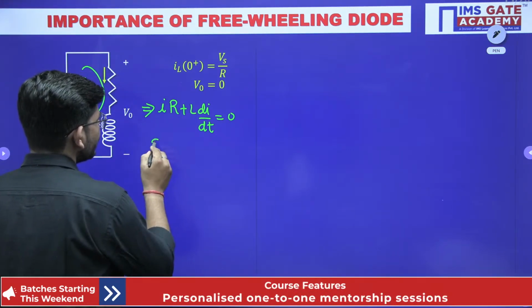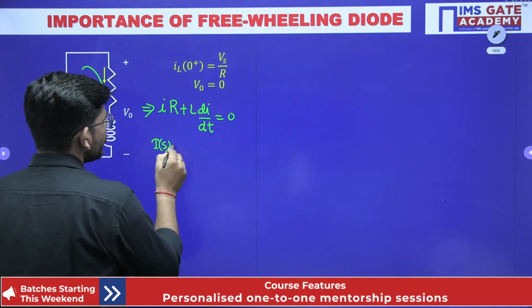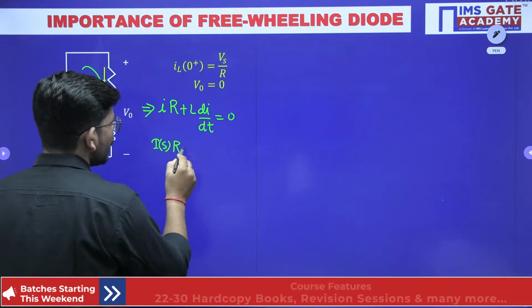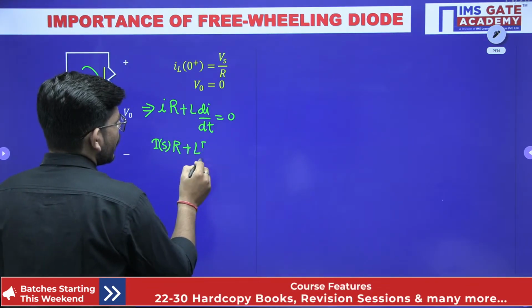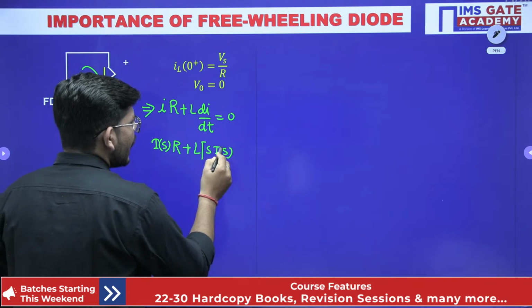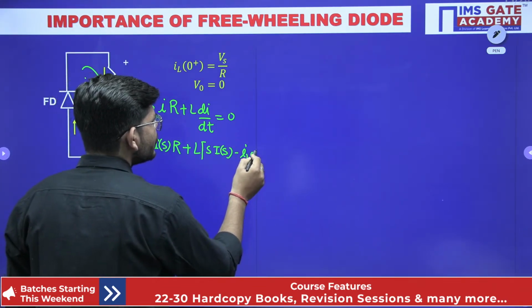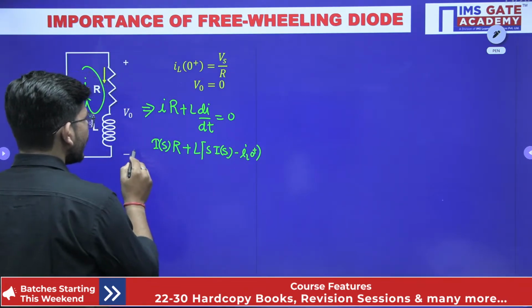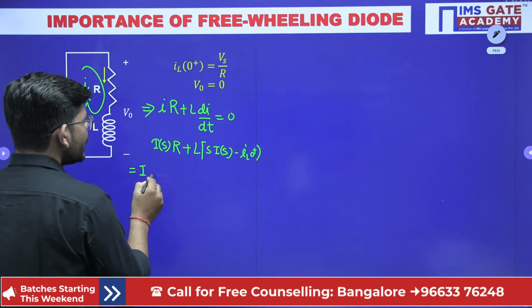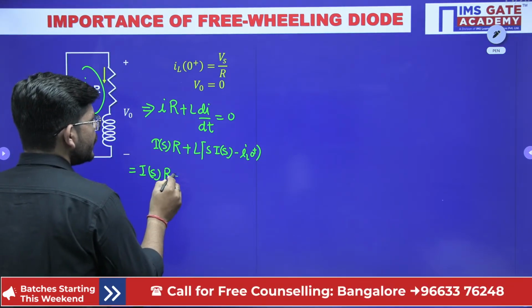Again, if I take the help of Laplace transform, this will become I(s) into R plus L s into I(s) minus IL(0+). Can you now tell me the value of IL(0+)?